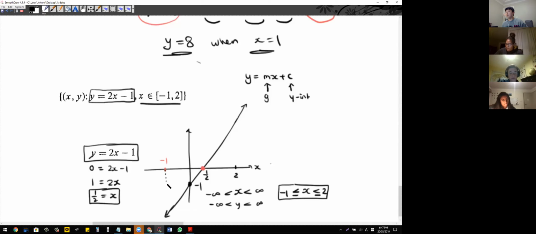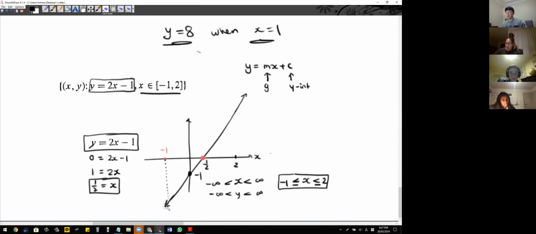So we cut this function over there, and we cut the function over here. So the line doesn't stretch out to infinity. It is just only from there to there.